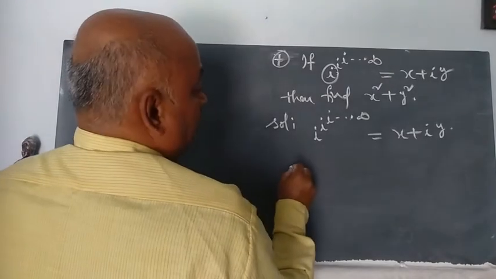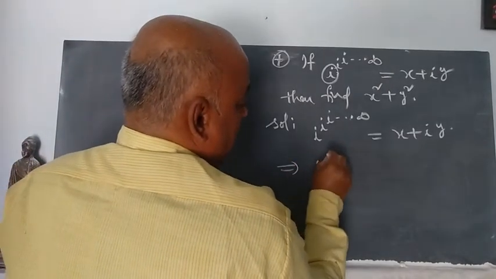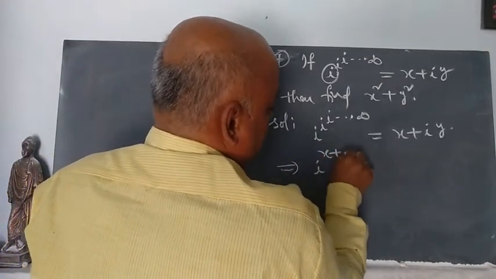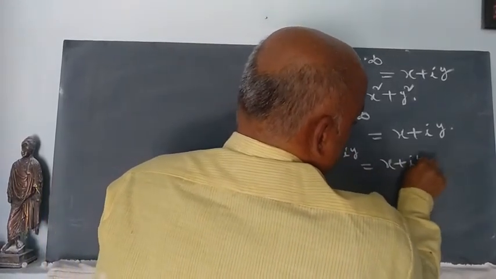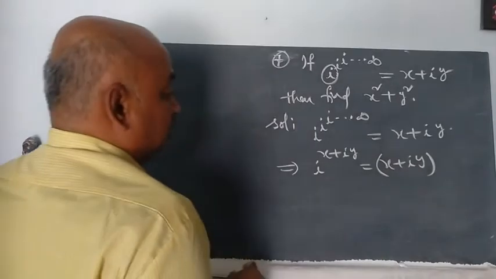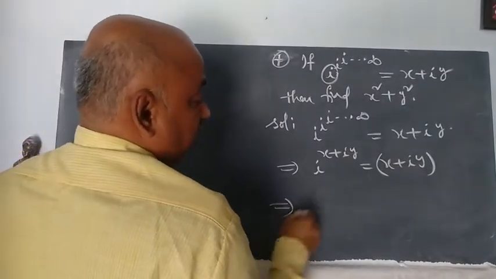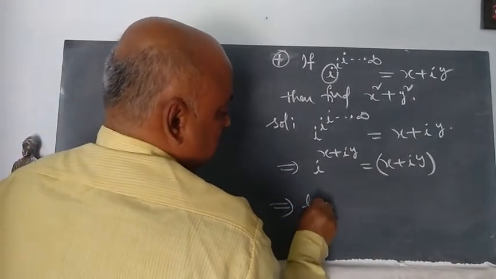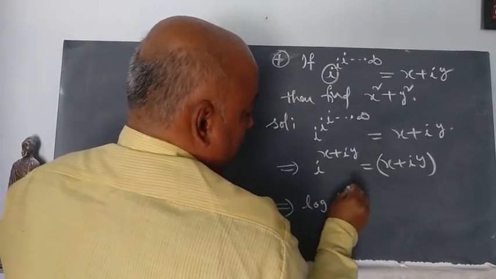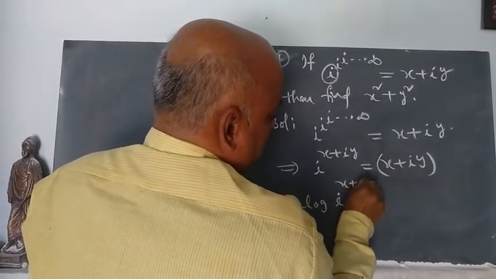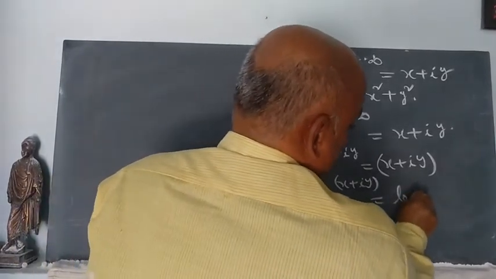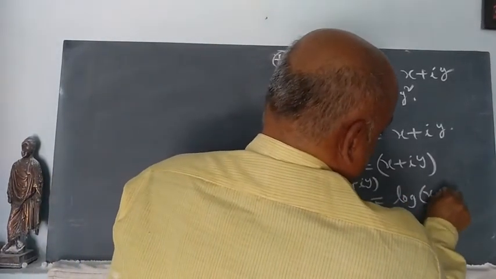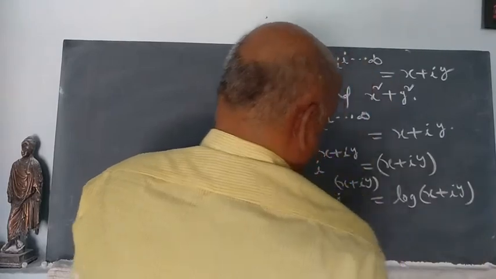This implies i to the power of x plus iy is equal to x plus iy. Taking log on both sides, log of i to the power of x plus iy is equal to log of x plus iy.